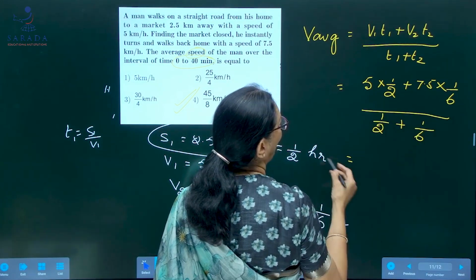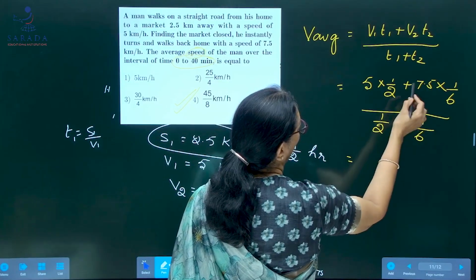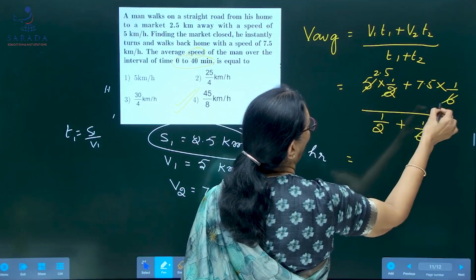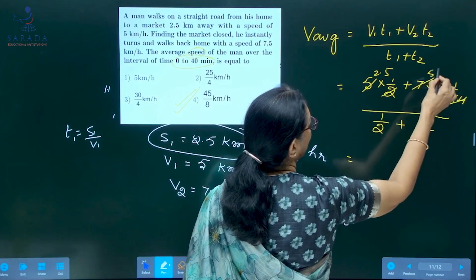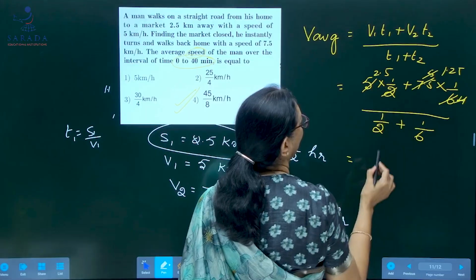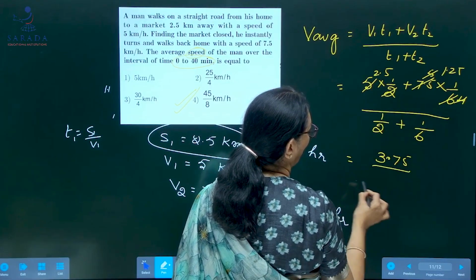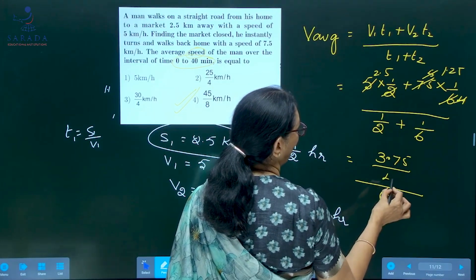So you have to simplify that. So here in this case this is 2.5 and this is 1.25. So this is 3.75 by, if you take LCM as 6, it is 3 plus 1, 4.